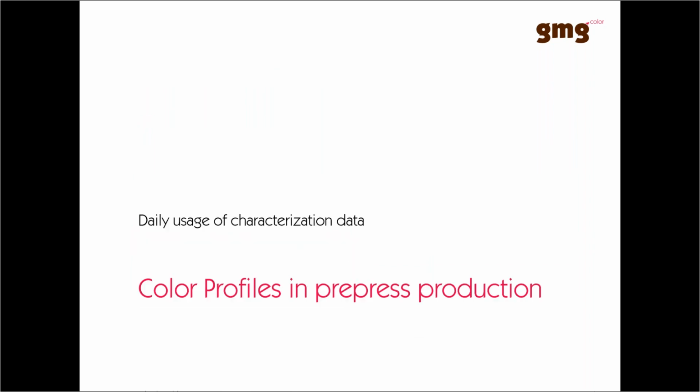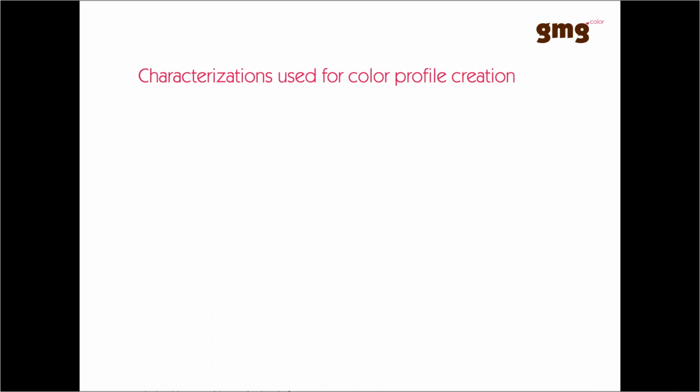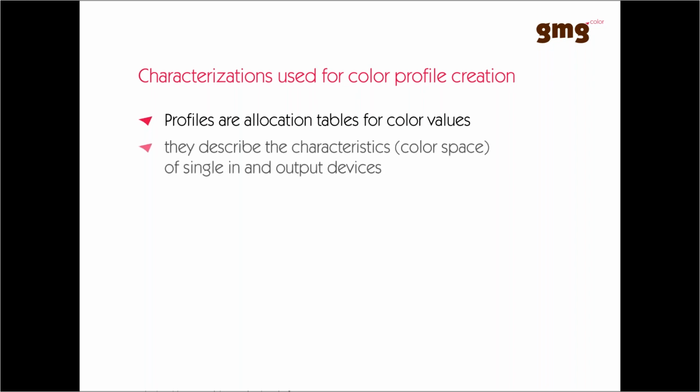Good. So then I would like to continue and see, okay, how could we use these profiles in production? First, again, what is such a profile? Profiles are tables for color values, and they describe that color characteristic.